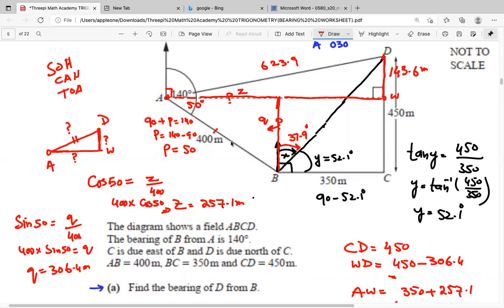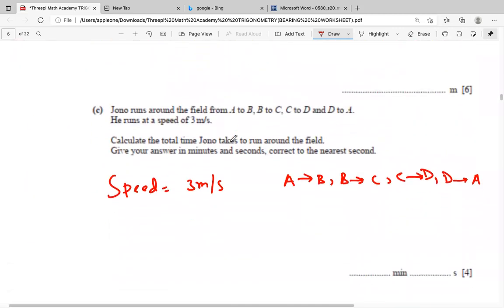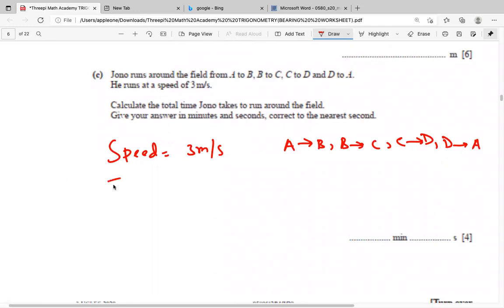So the total distance covered is 1823.9 meters. Okay, they say calculate the total time Jono takes to run around the field.